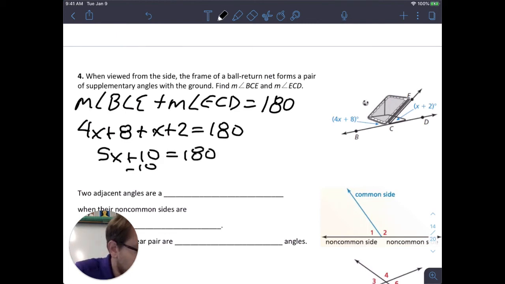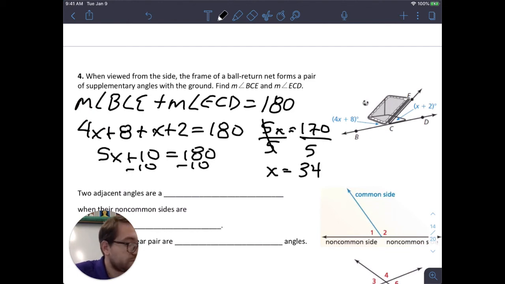Subtract 10 from both sides. Get 5x equal to, let me write it somewhere else so we have a little bit more room, 5x equal to 170. Divide by 5. X is equal to 34. So I found x to be 34 based on the fact that my angles are supplementary.